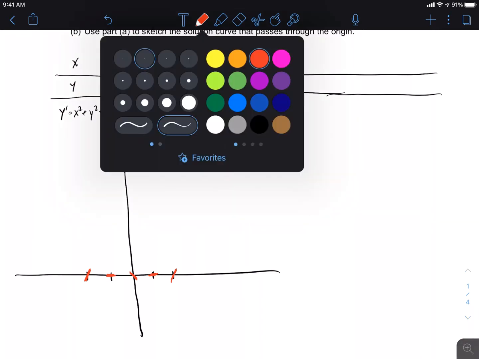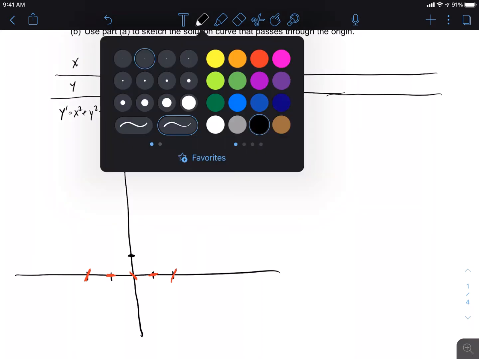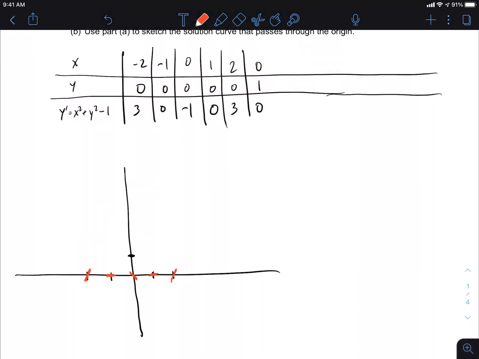We need a field. And so since we need a field, we need a variety of points, right? How about we go up here to 0, 1. Zero. We get 0. All right. Well, what about 0, negative 1?